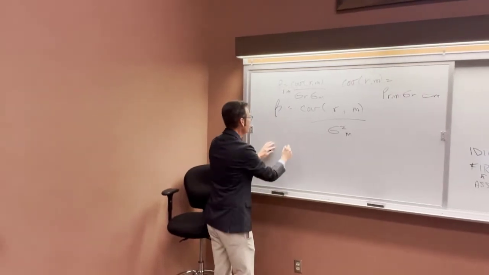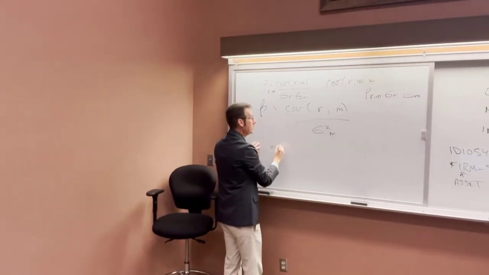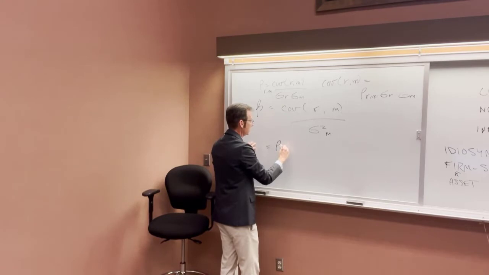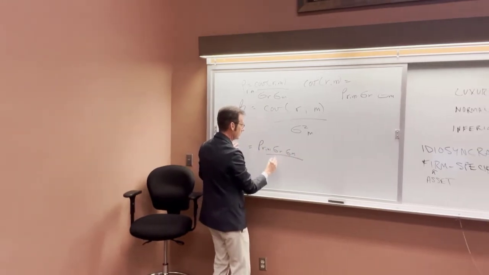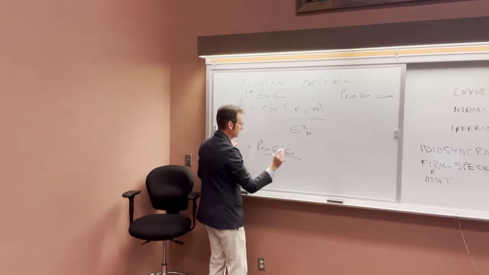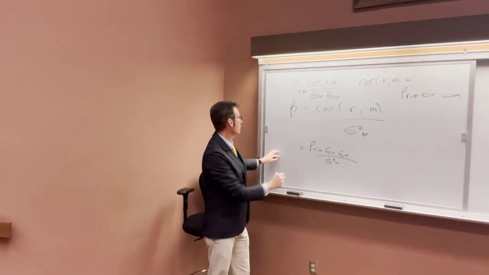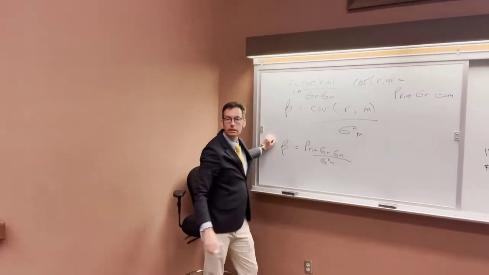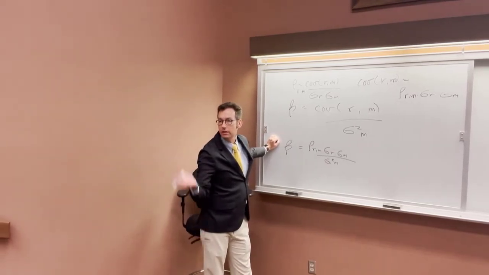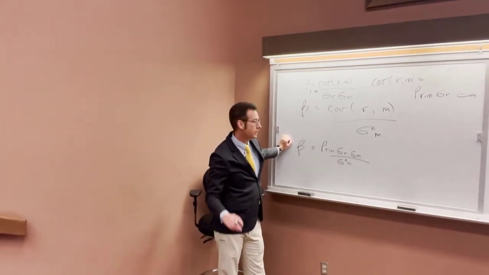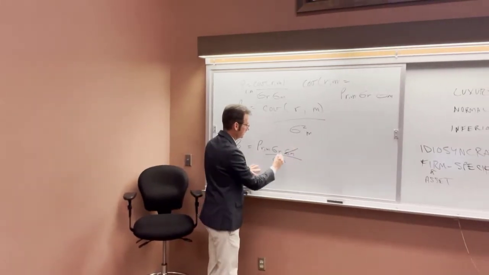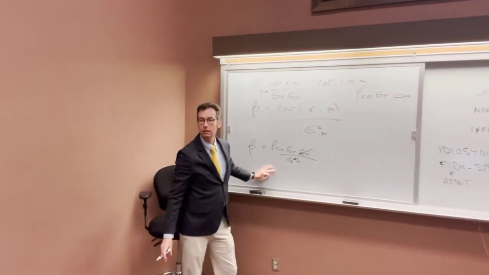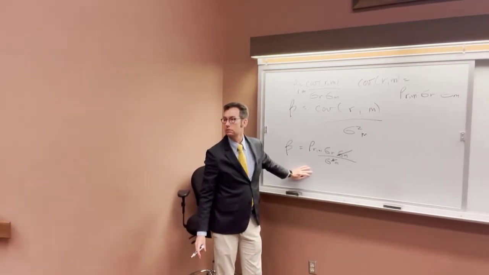And so then I can plug that in here. And it would just be correlation like that. Have I done anything mathematically illegal? It's just the substitution principle. Now, here's the cool thing. Did I do anything illegal?